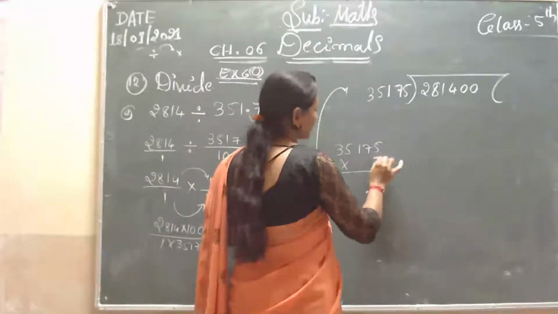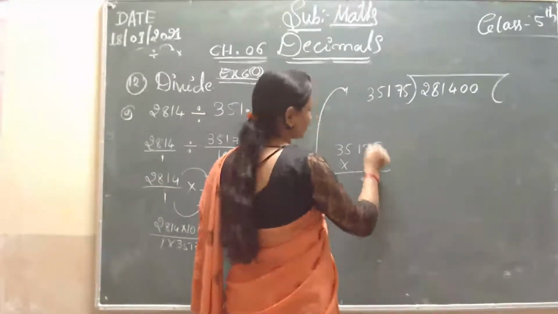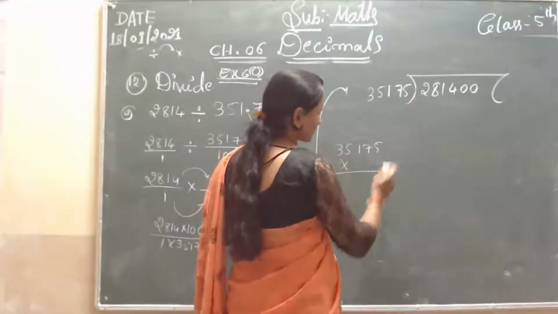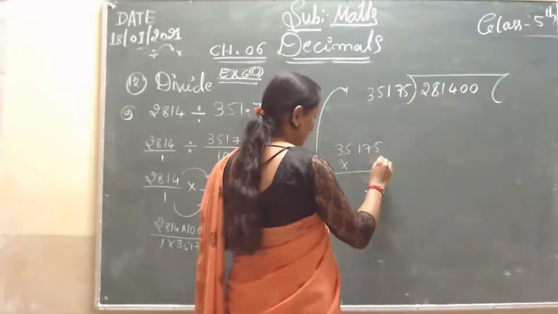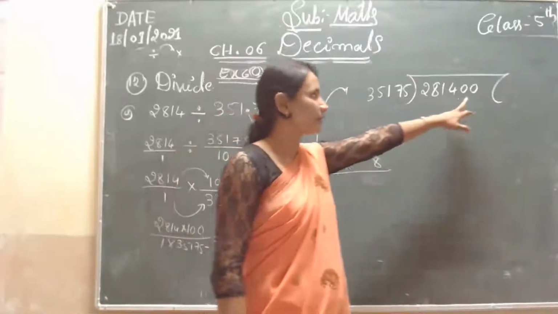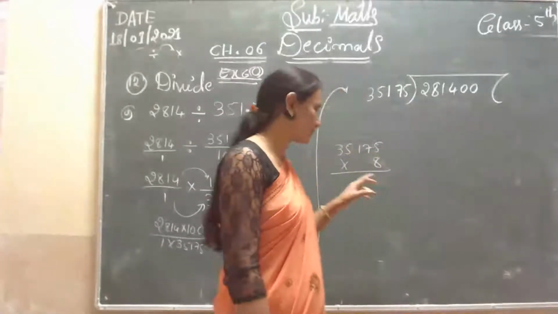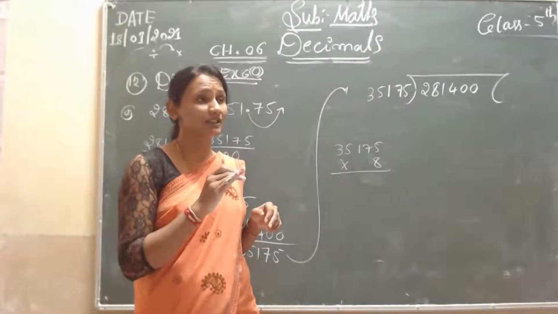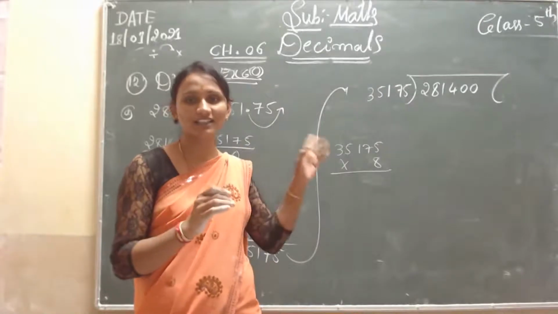First you have to search in 35 by 7 decisions. So 9 is not coming. Because the last number is 0, you have to take 8. So can you observe here? If the unit place is 0, you have to multiply the last number, and you will get 0, that is correct.